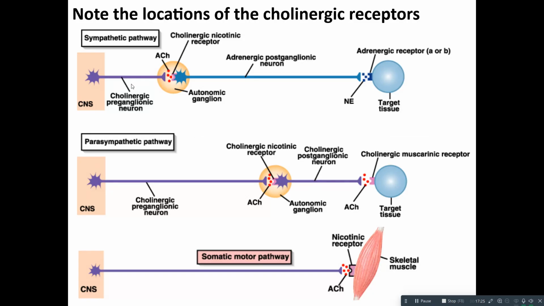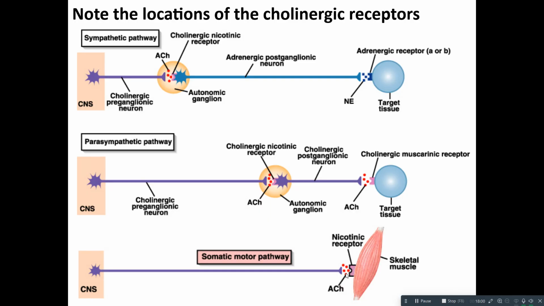So notice my preganglionic sympathetic neuron is releasing acetylcholine. It'll bind to a cholinergic nicotinic receptor on my postganglionic neuron. Notice that my parasympathetic preganglionic neuron releasing acetylcholine is also binding to a cholinergic nicotinic receptor. And also, let's notice that in my somatic pathway, going to skeletal muscle, again, it's acetylcholine being released.